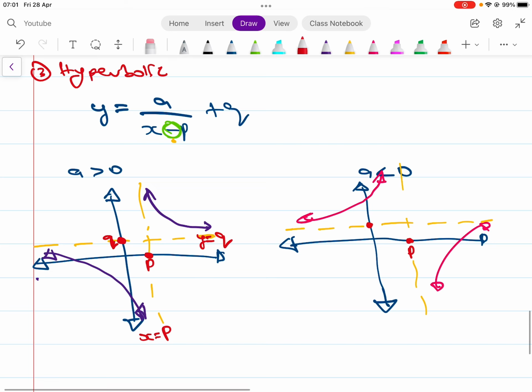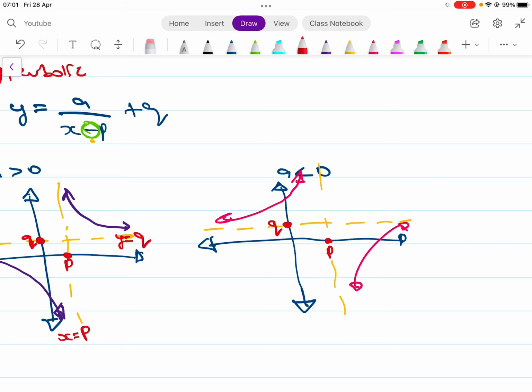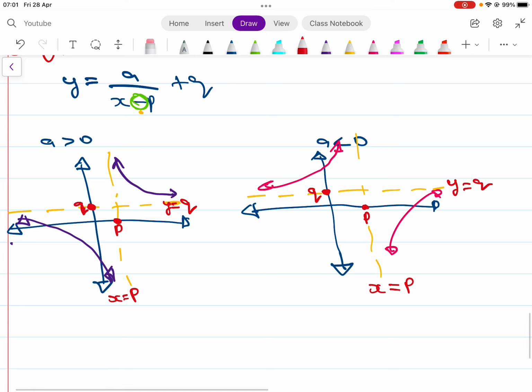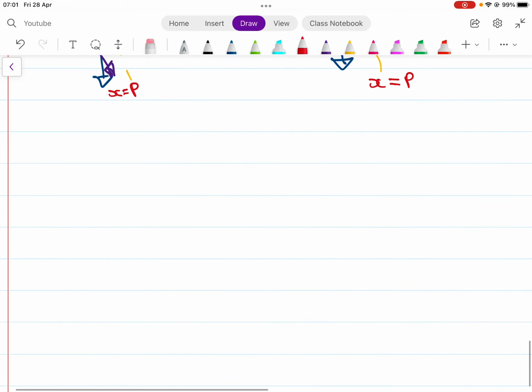There's going to be a p, there's going to be a q, and then you have the equations for the asymptotes, y equals q, and the vertical asymptote, x equals p. I think it is clear which variable stands for what and which variable affects the graph in which way. So once you understand that, you are fine. For now, that's basically what I wanted you to understand.